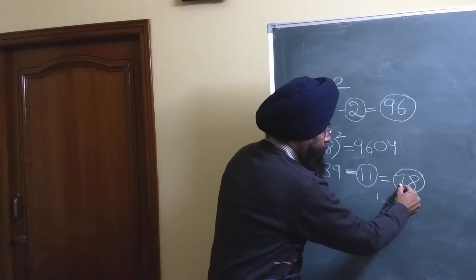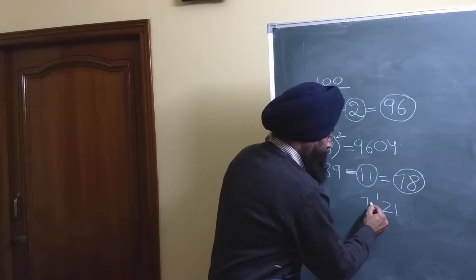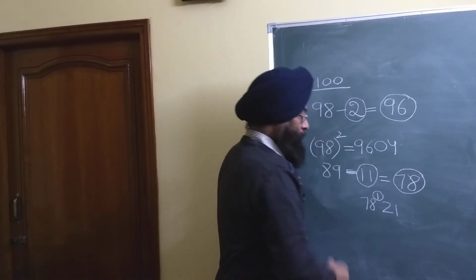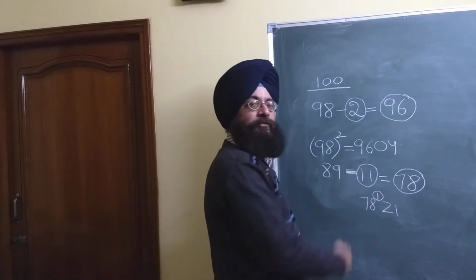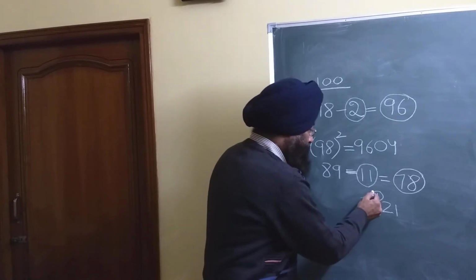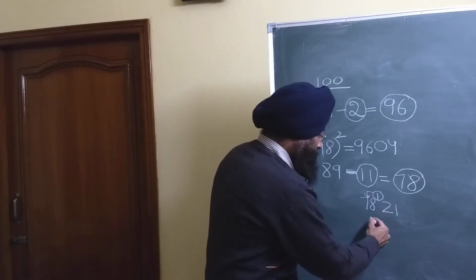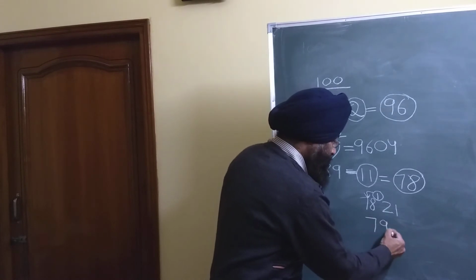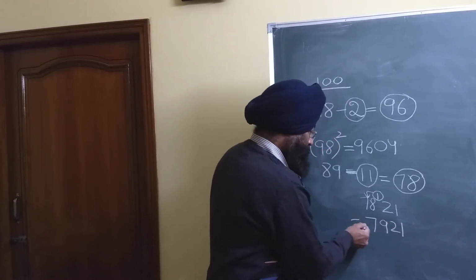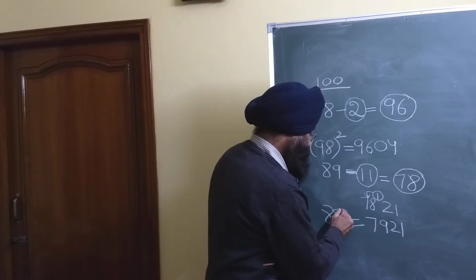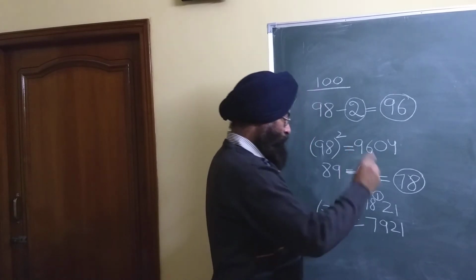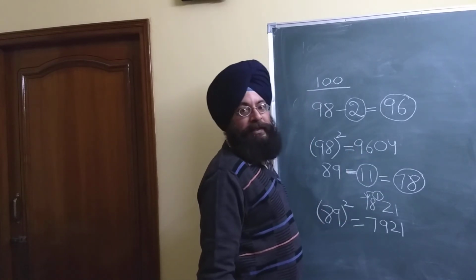The first two numbers have to be 78, but since we have already carried 1 from the previous two digits, you have to add this 1 to 78. So finally you come up with 7921. This 7921 is nothing but the square of 89.